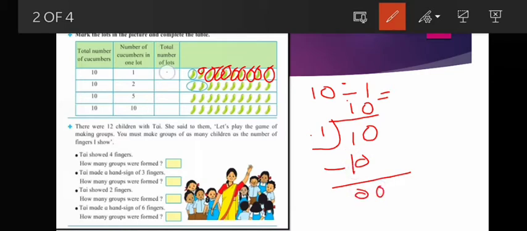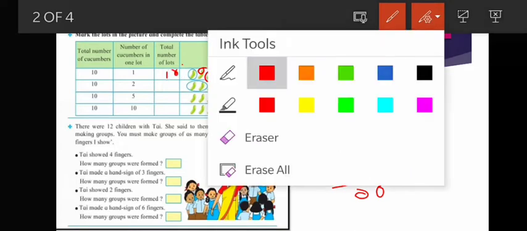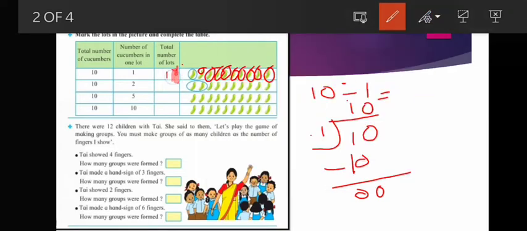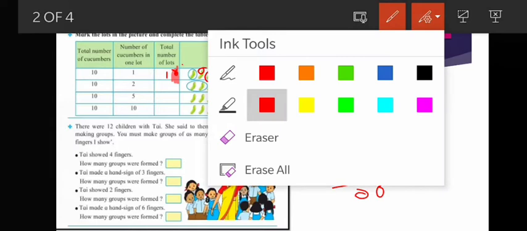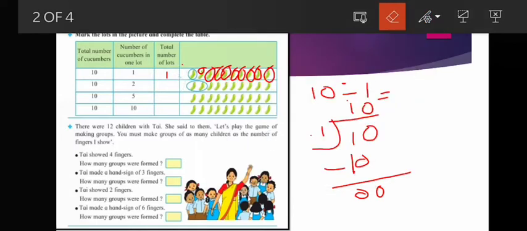So there are how many lots? 10 lots. Right, children? 10 lots, right?